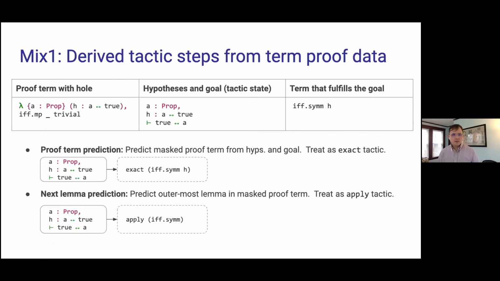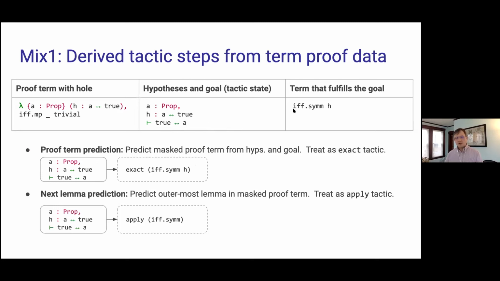The first way we can use this data set is to think about how we can augment our tactic data. I think many people know that neural networks are very data hungry, that they require a lot of data to train, especially if you're going to train them from scratch. But there are ways to augment your data set. One way we found to augment tactic data sets is to use these underlying term proofs.